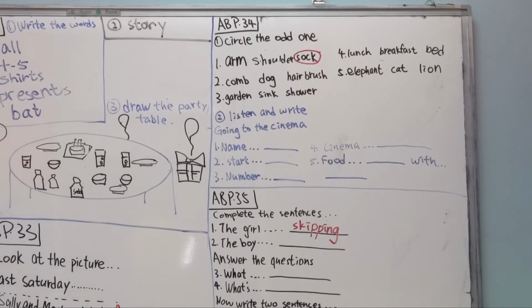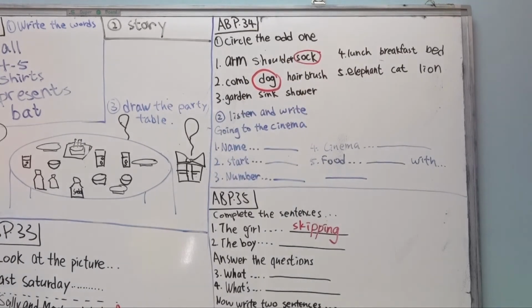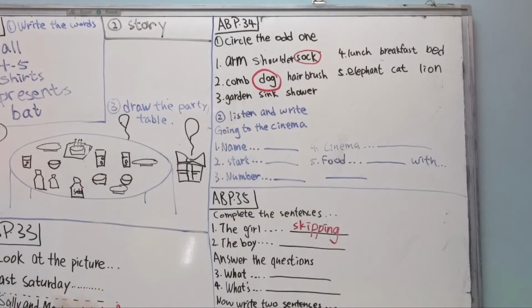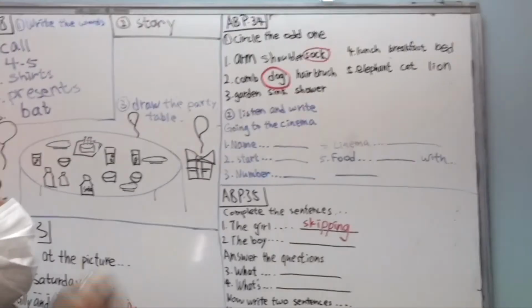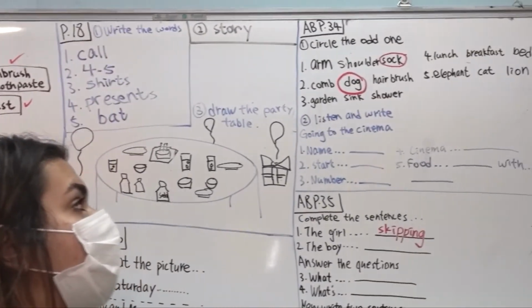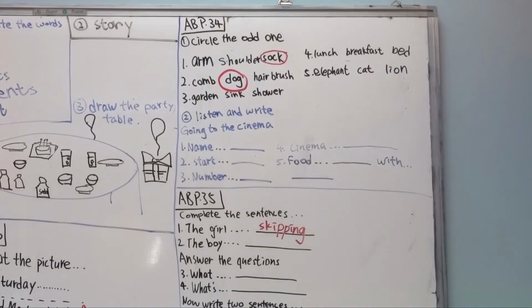That should be a dog. Because dog is an animal, but comb and hairbrush are not one of the animals, right? So we circle the dog. Okay, we circle the dog. Alright, from 3 to 5 you do it by yourself. Okay, can you do it now? I'll give you 1 minute.